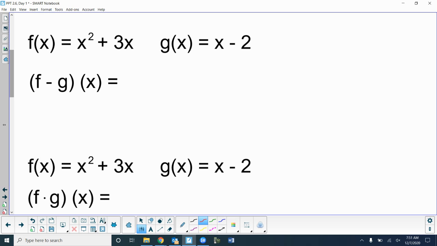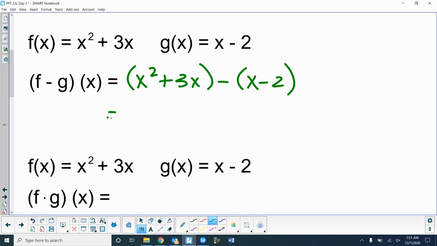All right, I would expect you to have this one. All right, again, it's just x squared plus 3x, the same f of x, minus this time. Okay, combining like terms, what's 3x minus 1x? 2x, right? But what's minus a negative 2?